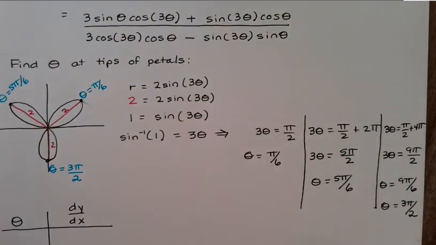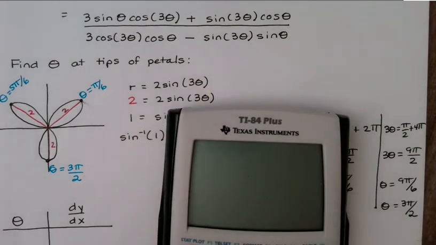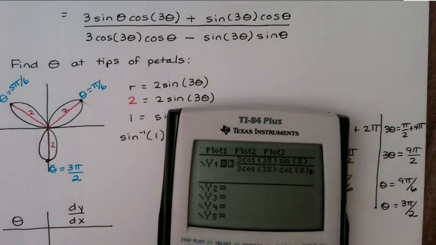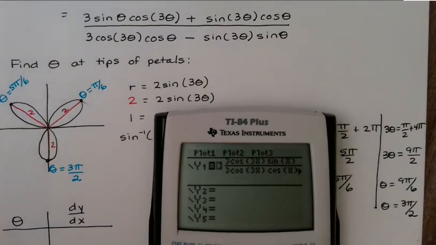Now that's not going to be a lot of fun to plug in my 3 theta values. So what I actually did here is in my function mode, I just put that whole thing into my y1. I'm using x's now instead of thetas, but the variable doesn't really matter, right? And I've got that whole thing in here.